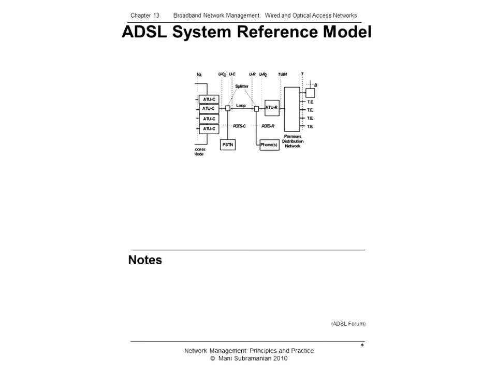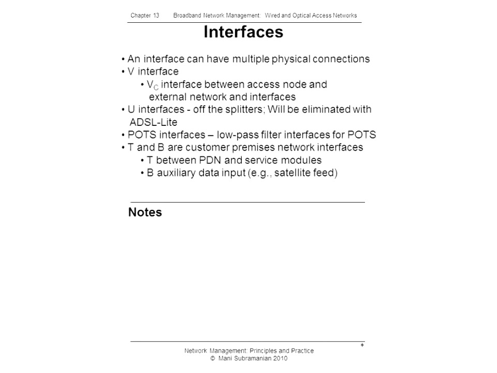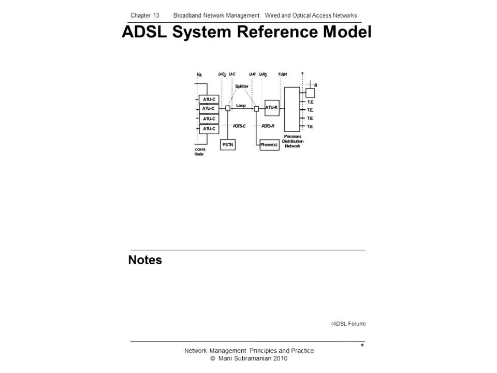The system reference model has the interfaces between components of the ADSL network and interfaces between the ADSL access network and the external network. There are basically 5 basic interfaces. We have V, U, G, B, and we have POTS.